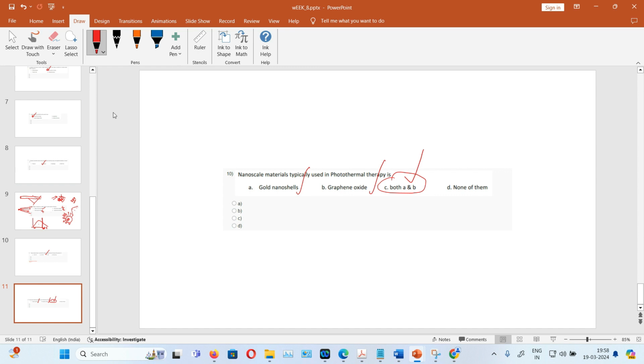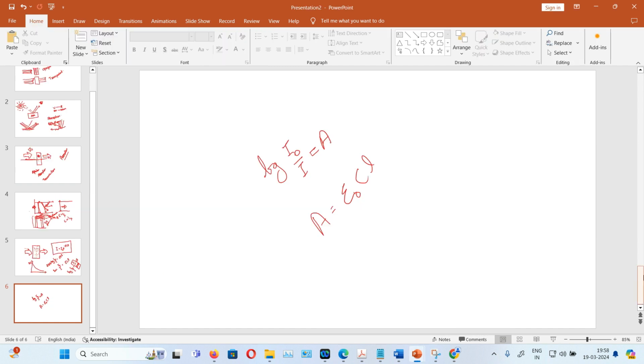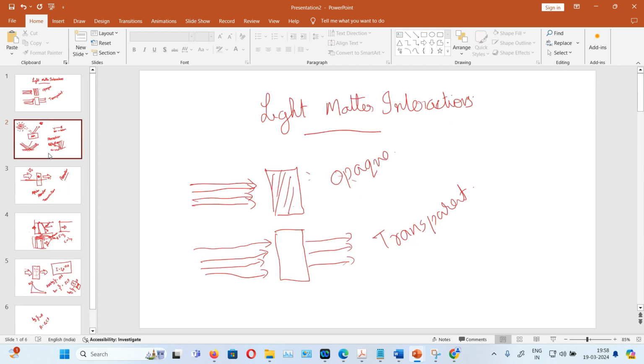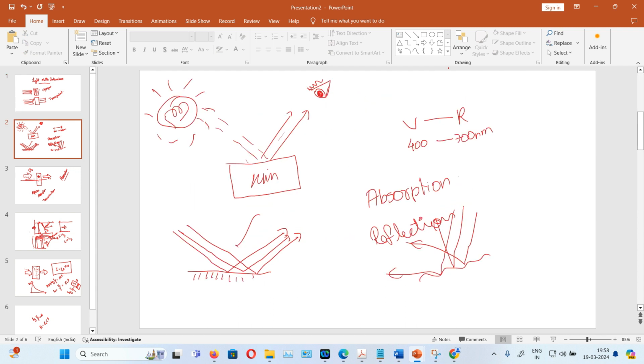In today's class, we went through the different aspects of light matter interaction, and we saw how common materials are transparent or opaque, how we see the transparent material and the opaque material, and what makes transparent as well as opaque materials colored.